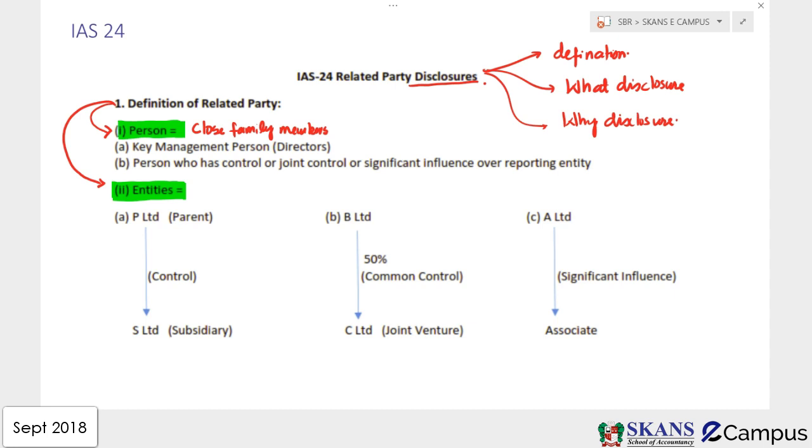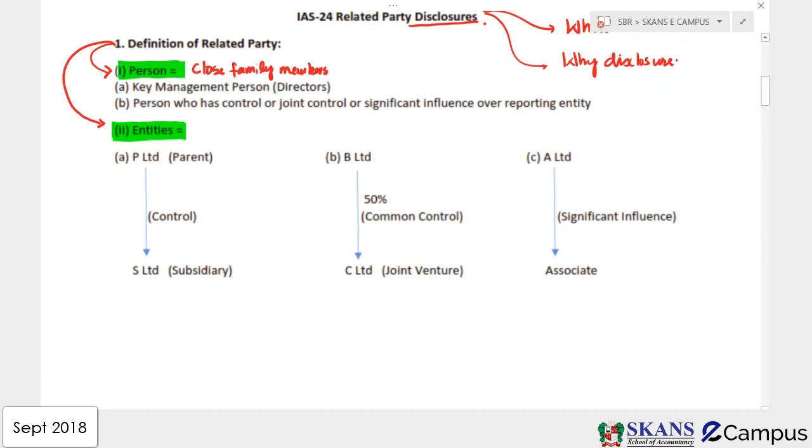Okay, so now we are going towards entities. Now what about entities, guys? So listen, entities, again, if one entity has control over another entity, they are both related party. If one entity has a common control, which is also a joint control, over another company, this company will be called a joint venture, then we'll say that they are the related parties.